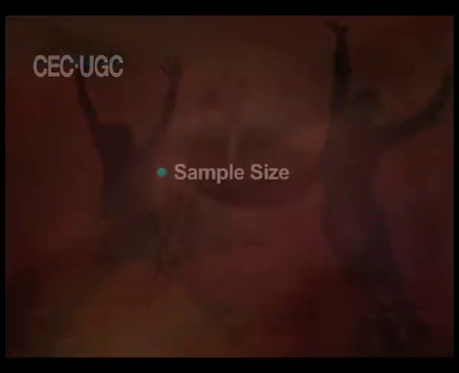A sample is a finite subset of the population, selected with the objective of investigating the properties of the population. Later, we generalize the obtained results from the sample to the population using inferential statistics. The number of units in the sample is called the sample size.